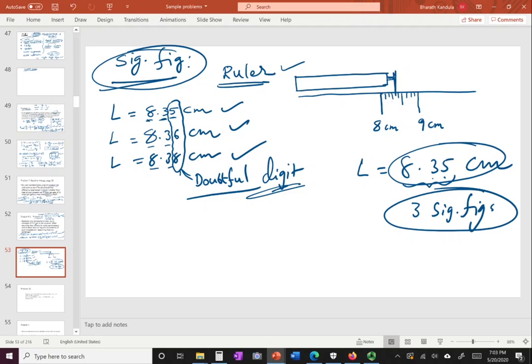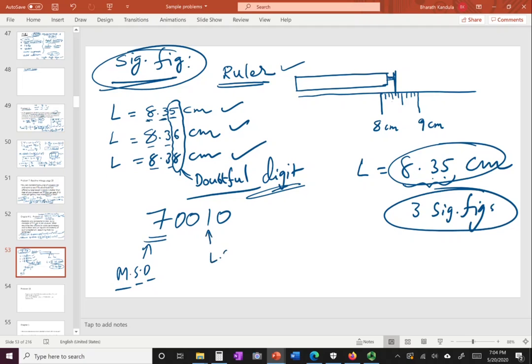There are some rules to identify the number of significant digits in a given number. These rules are in your textbook. The first rule is the leftmost non-zero digit is always the most significant digit. This is called the MSD, most significant digit, and the rightmost non-zero digit is the least significant digit.